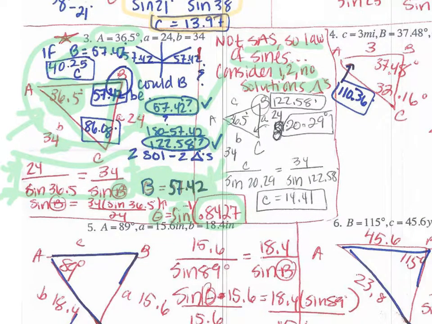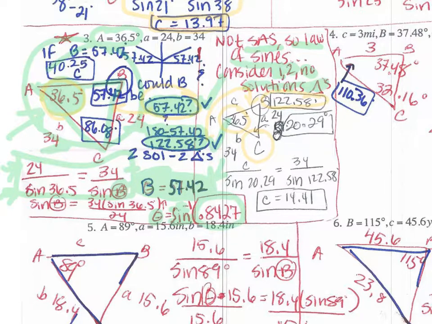Notice for both triangles that angle A is 36.5. But remember, when we were searching for angle B, we said it could be 57.42, which we decided to use for triangle 1. But we also said it could be 122.58, which we decided to use for the second triangle. Therefore, the third angle, angle C, is going to be different for the two triangles.